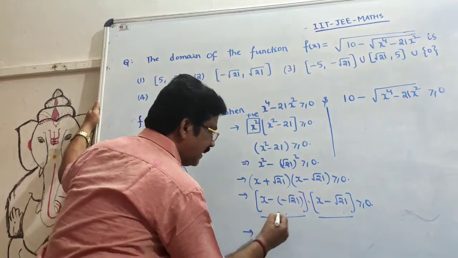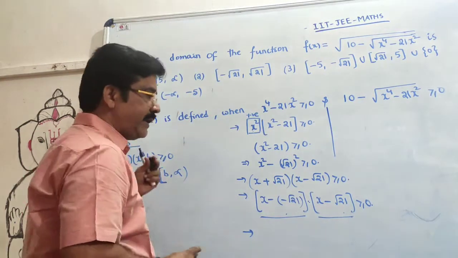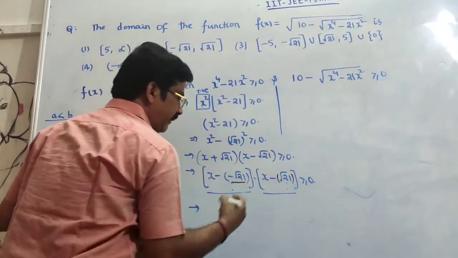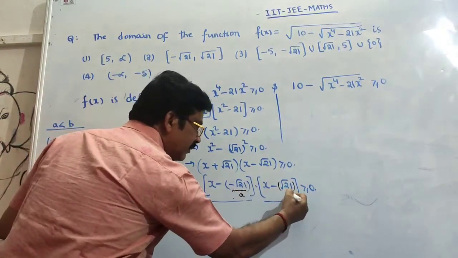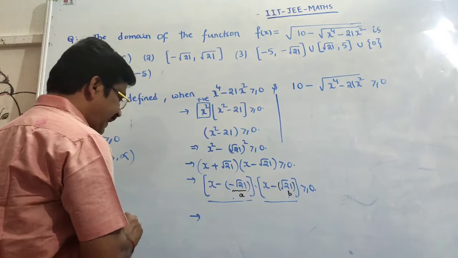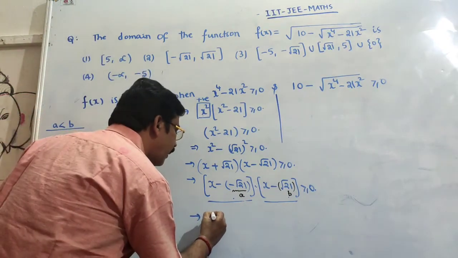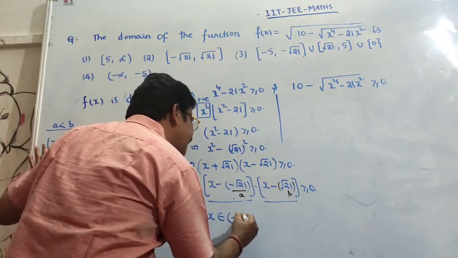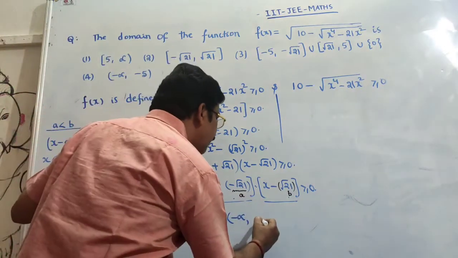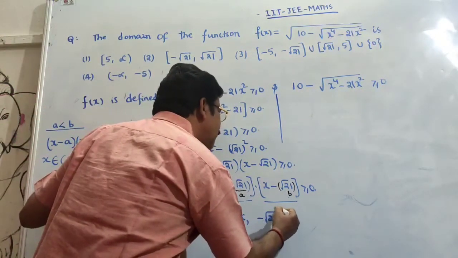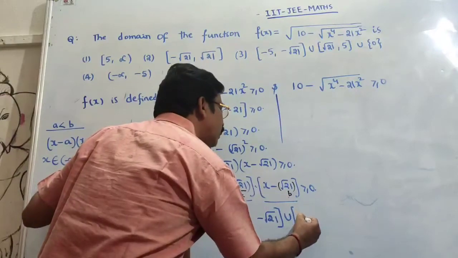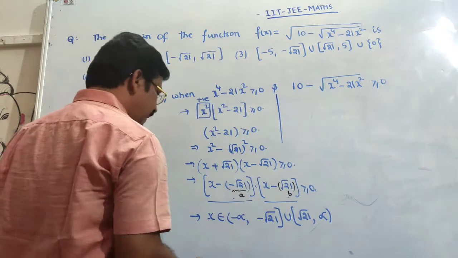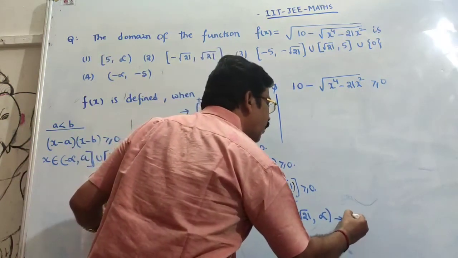Here we have two values, namely −√21 and +√21. This is the small value and this one is the big value. Therefore x belongs to (−∞, −√21] ∪ [√21, ∞). Let it be Roman number 1.